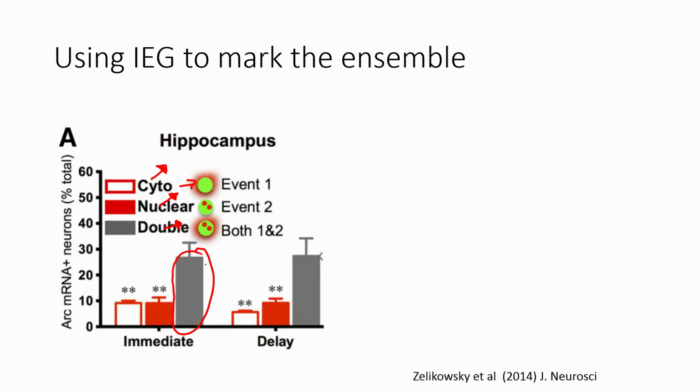However, remember this group, the immediate shock group, did not express any fear when you are actually putting them into retrieval. The freezing was close to 0. So, there is no fear expression here. This is not due to fear expression.